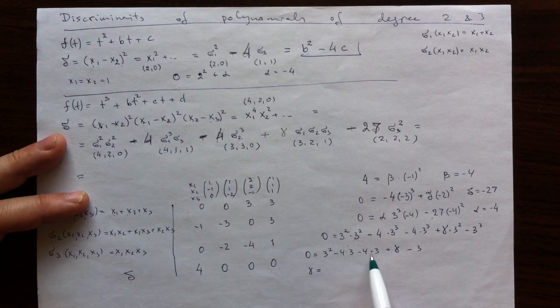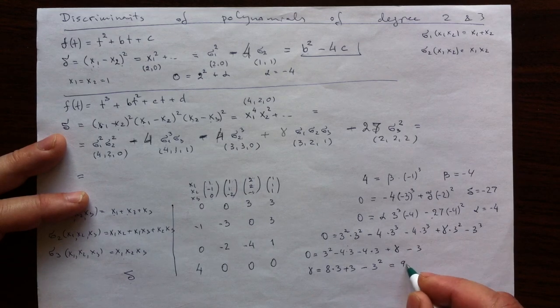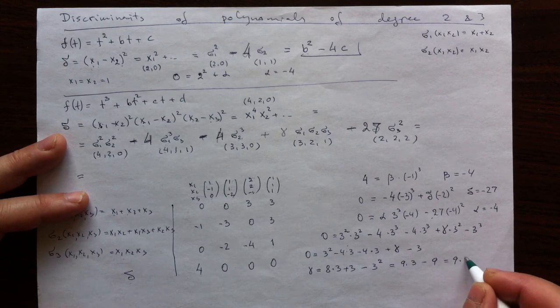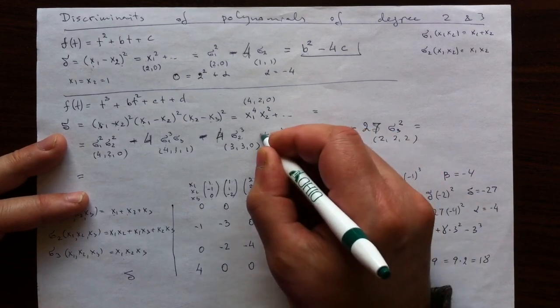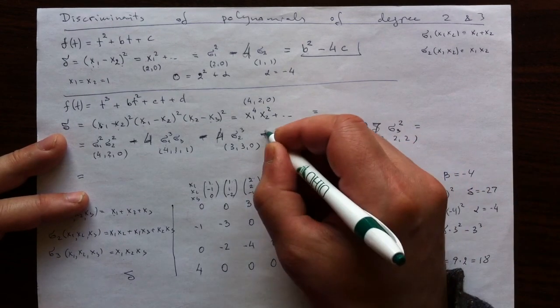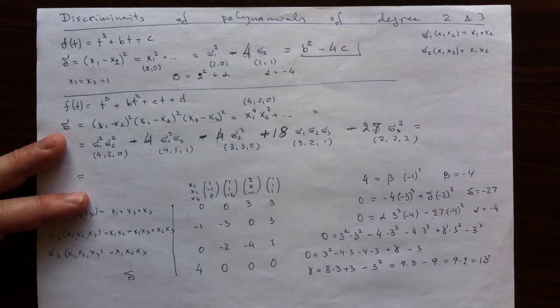So what is this together? It will be 8 times 3. And then I have another copy of 3, and then I have this negative sign 3 squared. So this is as good as, say, 9 times 3, and then I'm subtracting another 9. So I'm really looking at 9 times 2, which is 18. That's my gamma. And that is with plus.